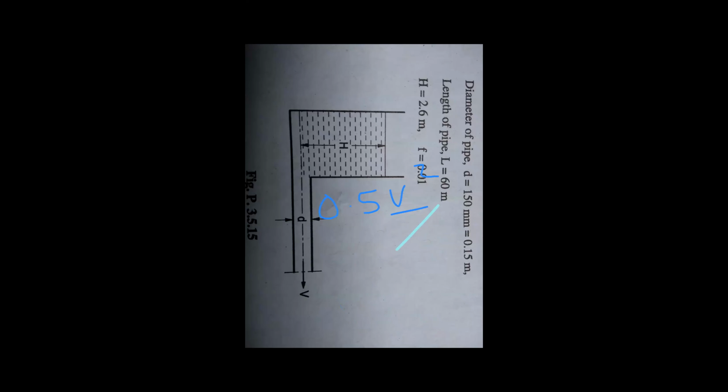So what formula will there be? Capital H equals 0.5 times V square by 2G plus V square by 2G plus 4FLV square by 2GD.